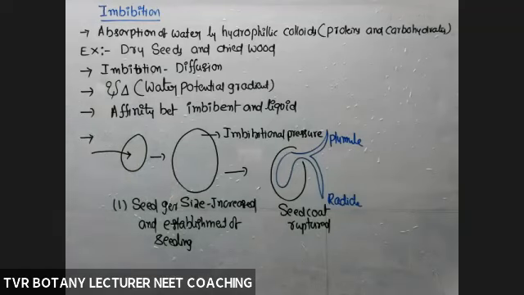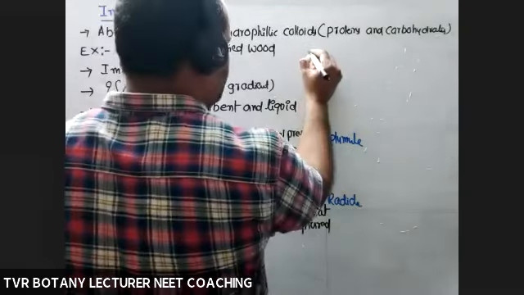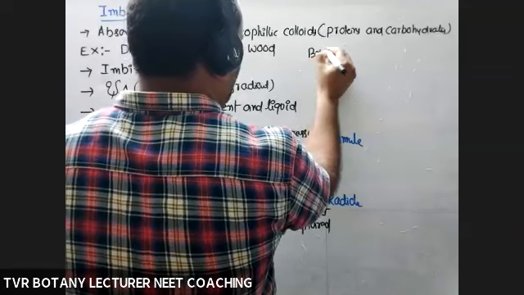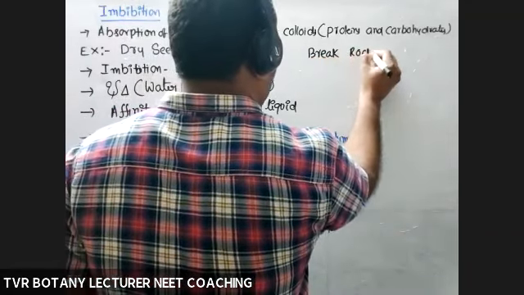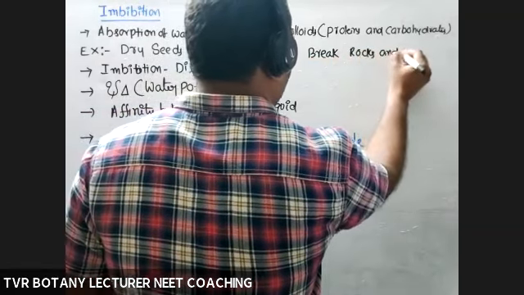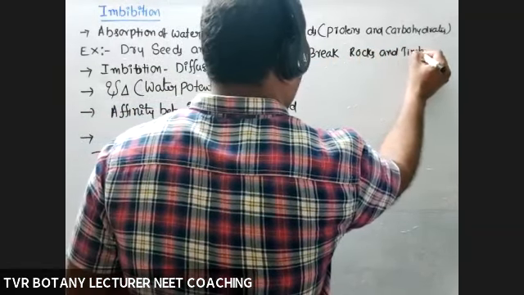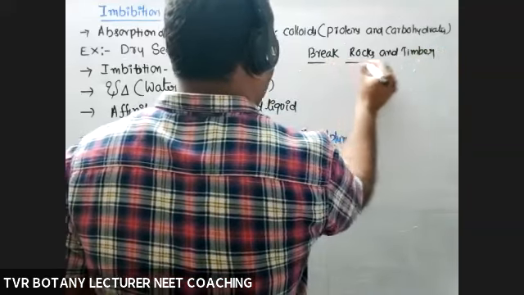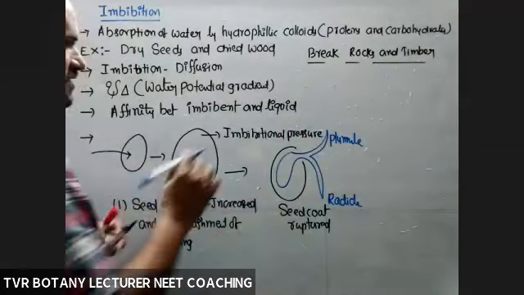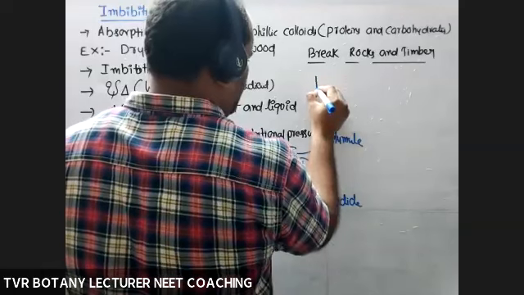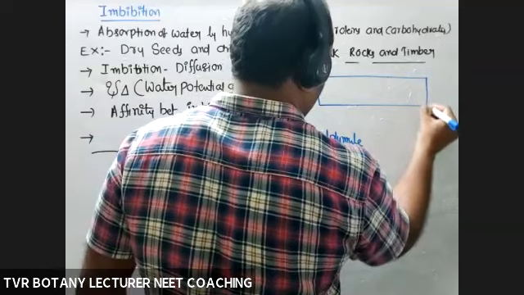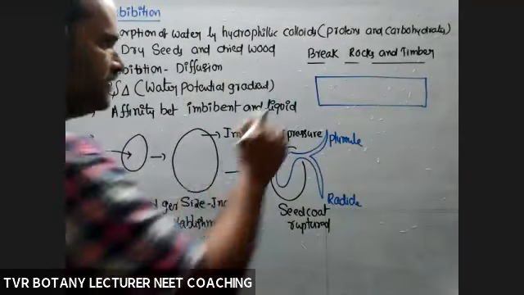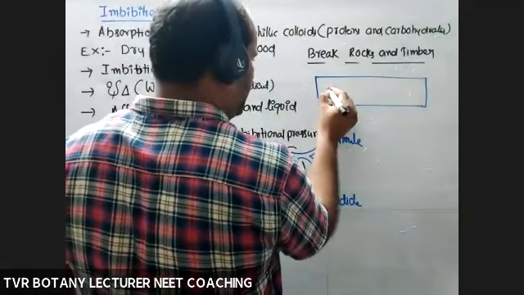And in the olden days, our grandparents used to break rocks and timber with the help of imbibition. For example, this is a rock or a wood. Along the length of that wood, make a certain number of holes.